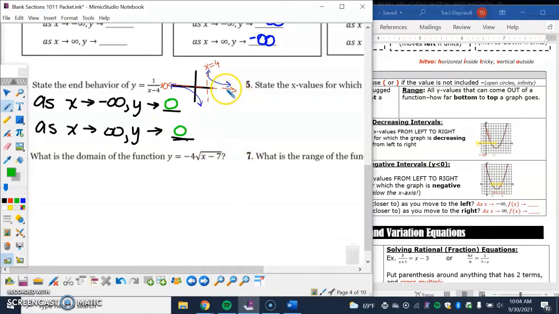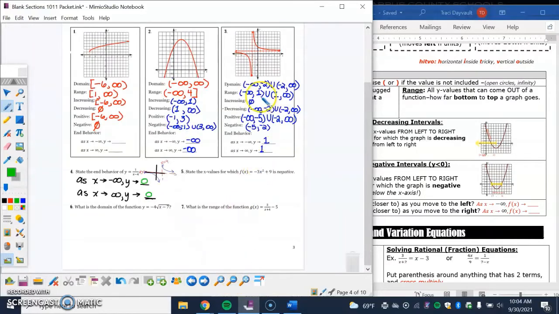As I move forever to the right, the graph is going to get closer and closer to 0 as well. So like I said a few minutes ago, for the variation functions, the end behavior is always going to approach the horizontal asymptote, because y is going to get closer and closer.